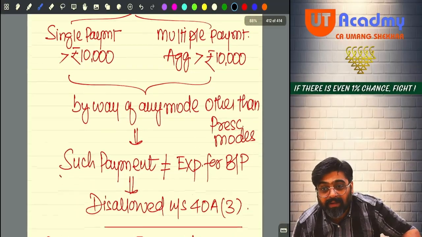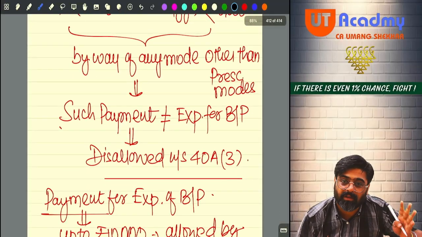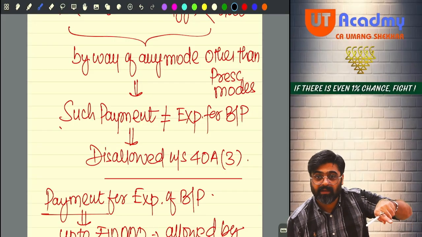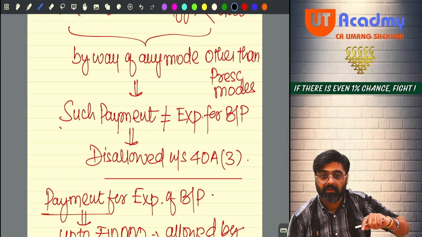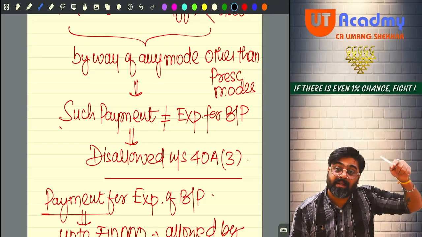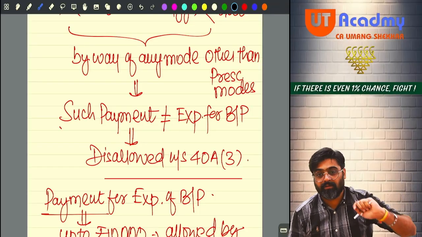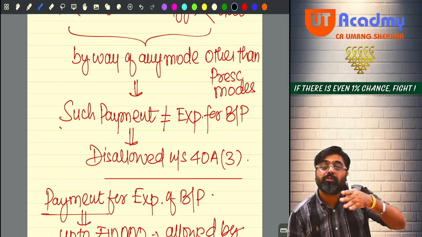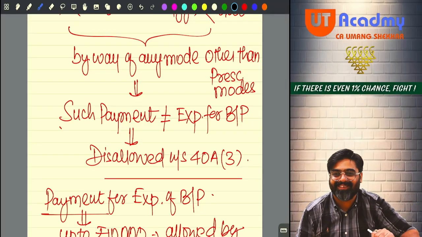Then will this expenditure be allowed or not? It will be disallowed. So when you go to claim the deduction for the expense, at that time while claiming the deduction, it will be disallowed. Deduction was not allowed, so it can be disallowed.